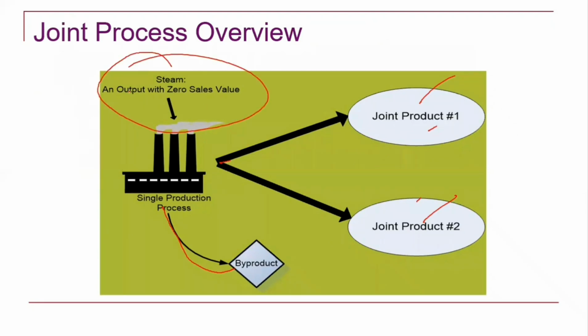Itong steam natin, this is an output with 0 sales value. So, hindi na po siya kasama sa maa-allocatean. Even the byproducts, hindi po tayo nag-allocate ngayon pa lang ng joint cost sa mga byproducts. Lalong hindi po tayo nag-allocate sa mga wastes natin.